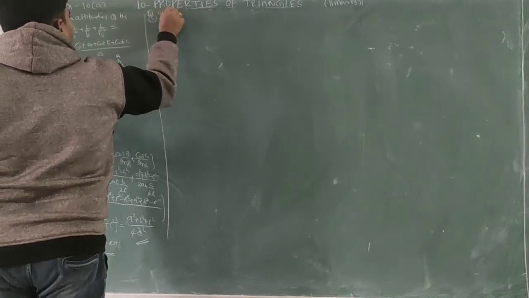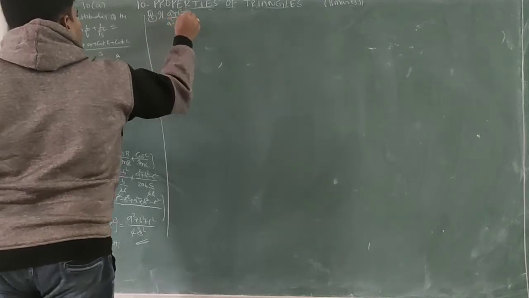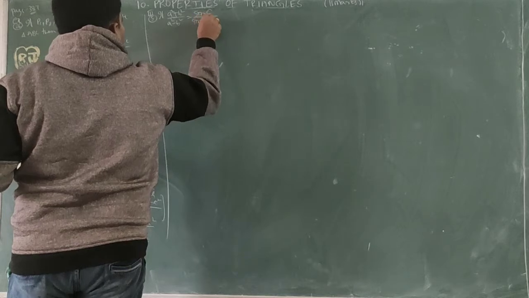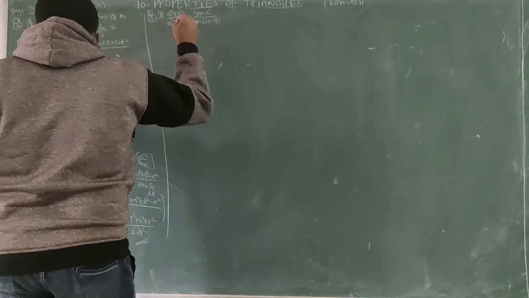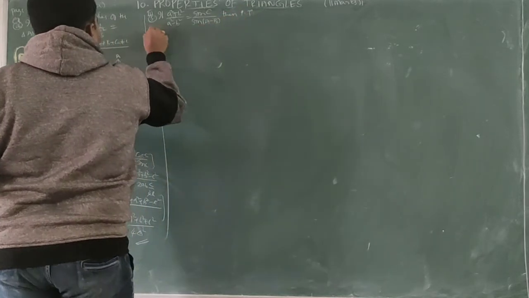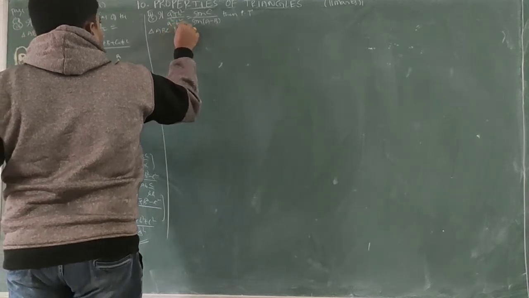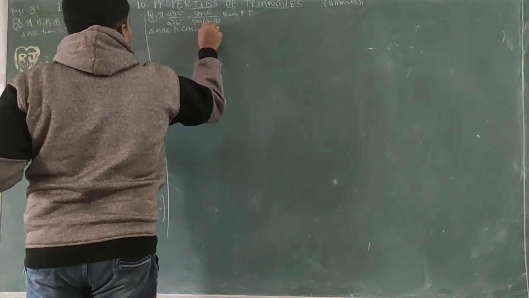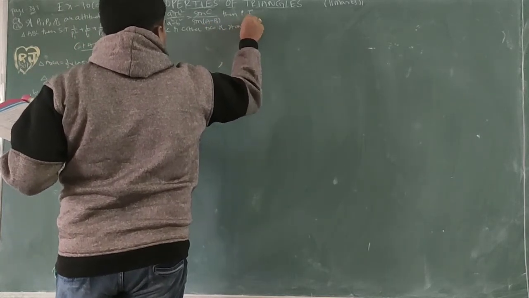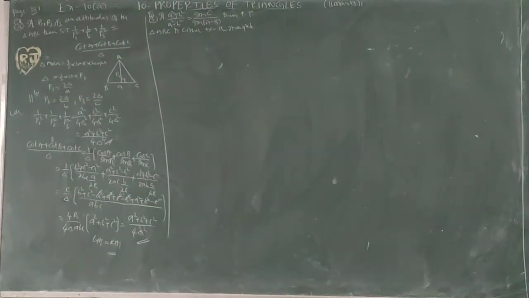If a square plus b square by a square minus b square equals sin C by sin of (A minus B), then prove that triangle ABC is either isosceles or right angle. So we need to prove that if this condition is satisfied, either it is an isosceles triangle or it is a right angle triangle.